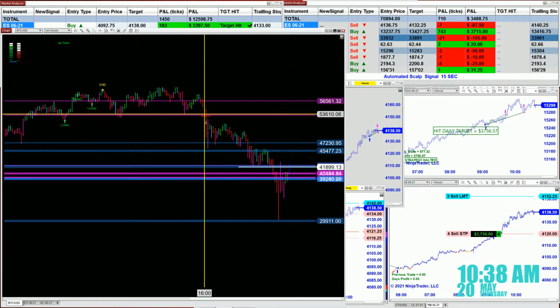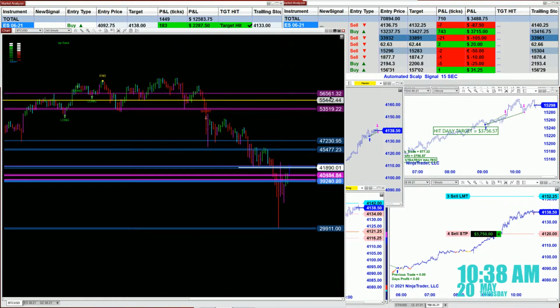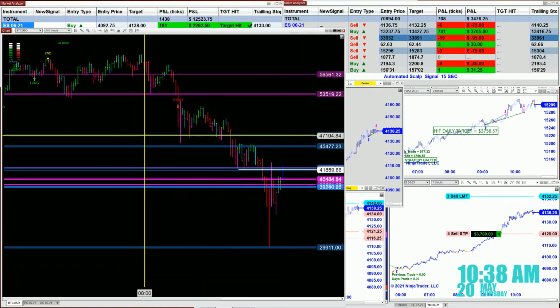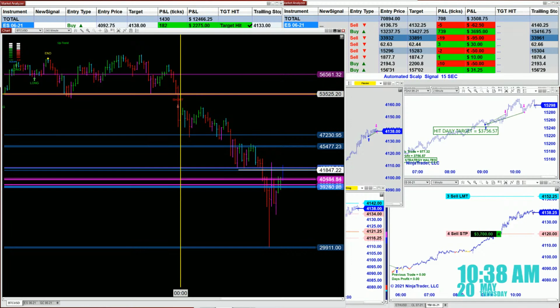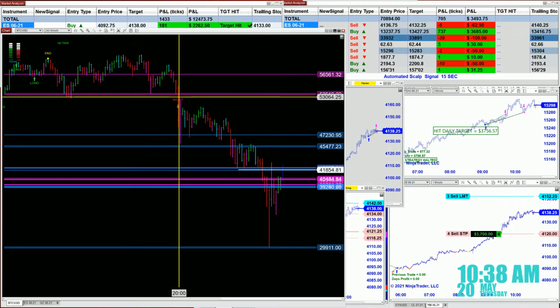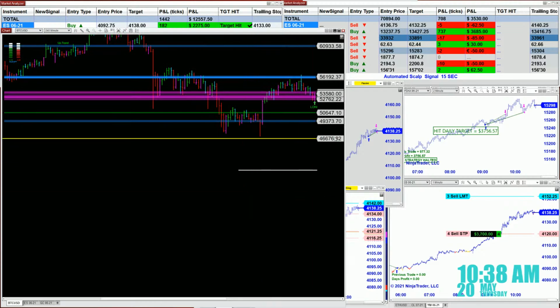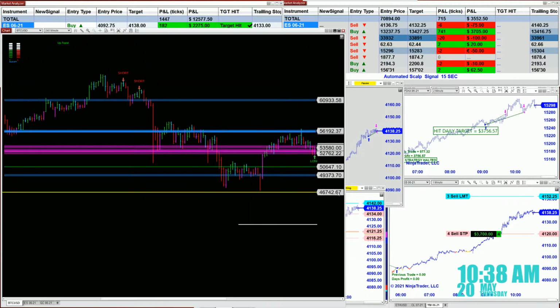This is not the first time, but the signal, we had the signal short at the 52 level before it happened. And this is what happened. Let me show you something, how powerful we are.